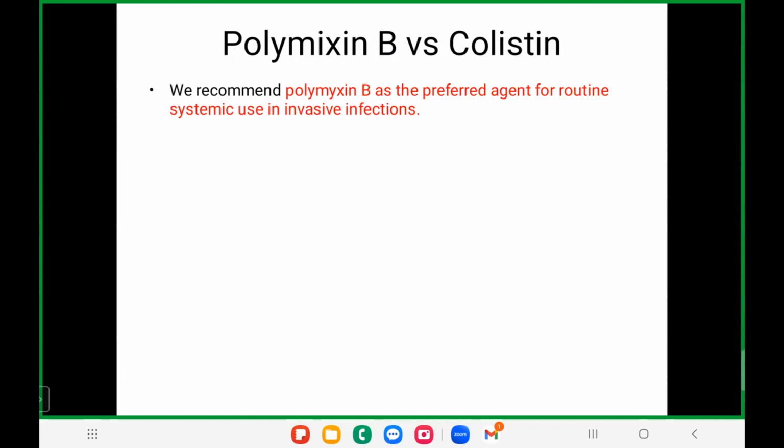You can get underdosing, you can get overdosing. That's why they prefer polymyxin B, because it has fairly standard drug concentrations in its pharmacokinetics, based on your drug levels in the serum. But colistin has erratic pharmacokinetics and the drug levels will be very variable. So you don't know whether you are getting the concentration in the toxic range or in the underdosing range.